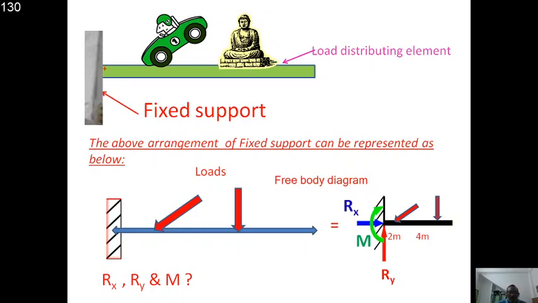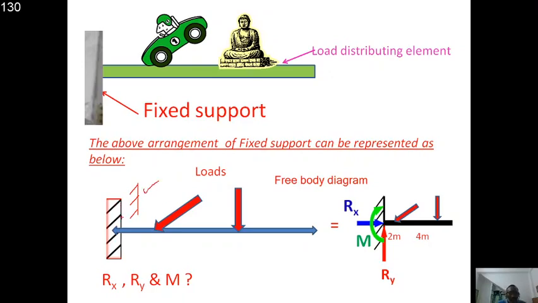See, the same fixed support has been replaced with some dash lines. Please observe in this figure there are some dash lines. The fixed support is represented like some dashes. So this is the representation of the fixed support.